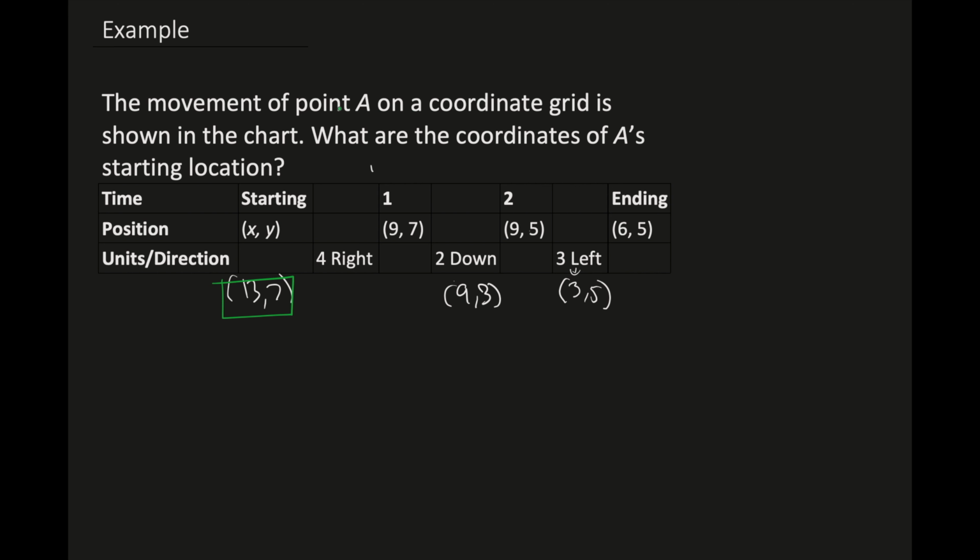Right? So those are two very effective ways to plot the movement of a point on a coordinate grid. So by working backwards, it's actually pretty good. But you're again probably thinking, why did we not start with 9, 7 and just go 5 right, get the 4 right, get this, and call it a day?